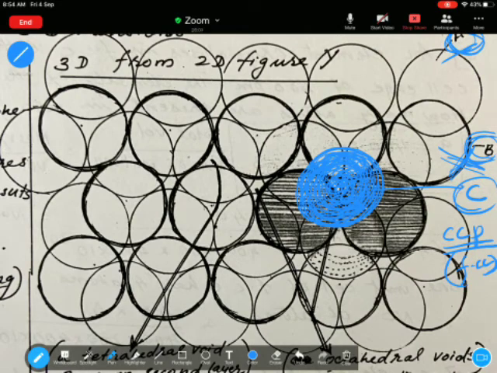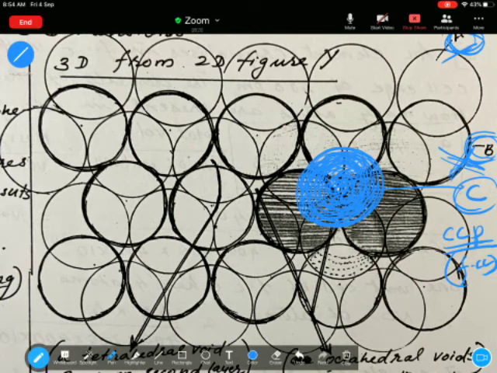FCC means CCP. The previous one, AB, AB, AB, is HCP. ABC, ABC, ABC is CCP or FCC structure. Both are equally efficient, with 74% packing efficiency.